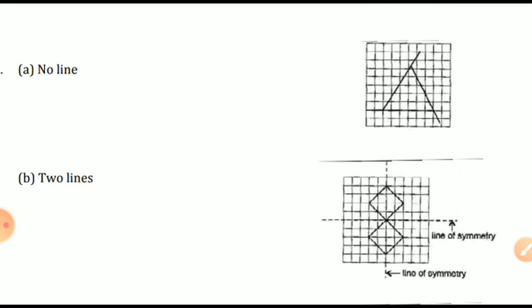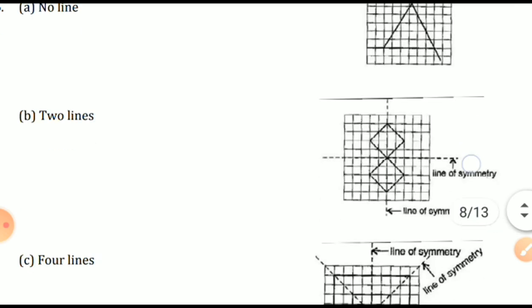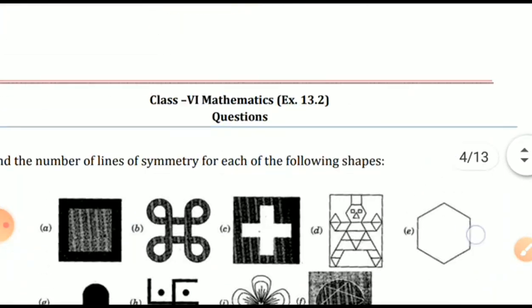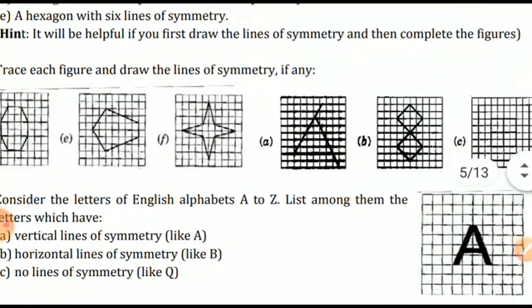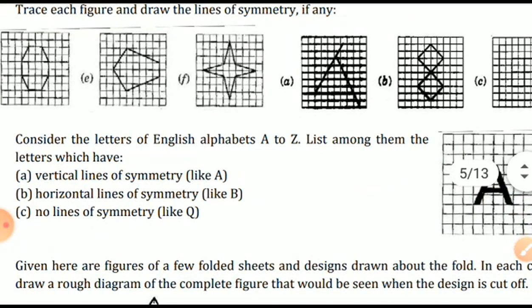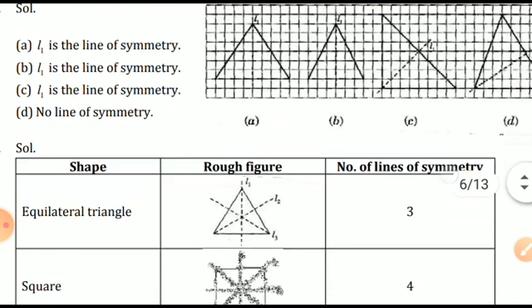And here two lines are possible, vertical and horizontal, for these two diamonds. Write it as 8. Where do we find 4 lines of symmetry? This is the second point. Where were we?